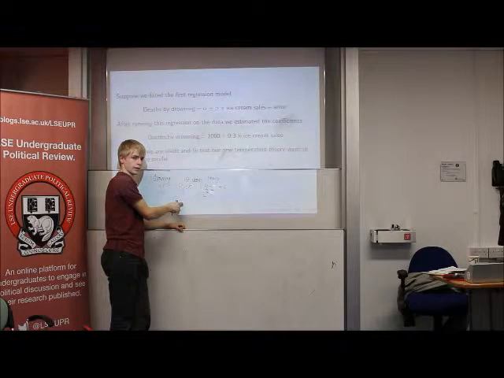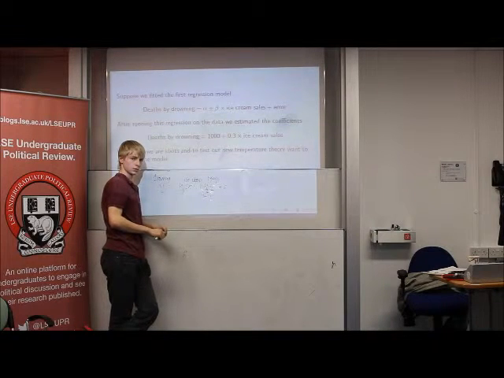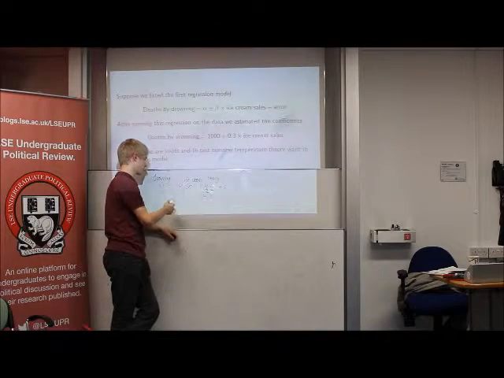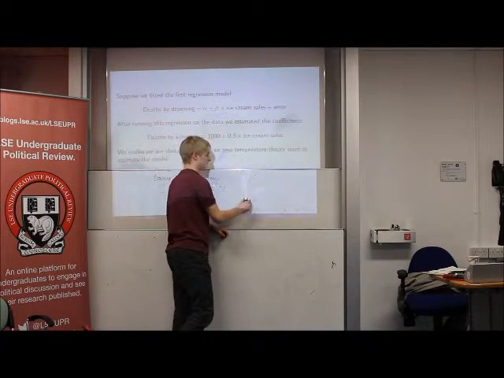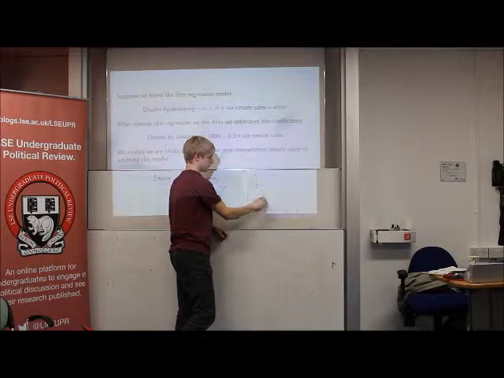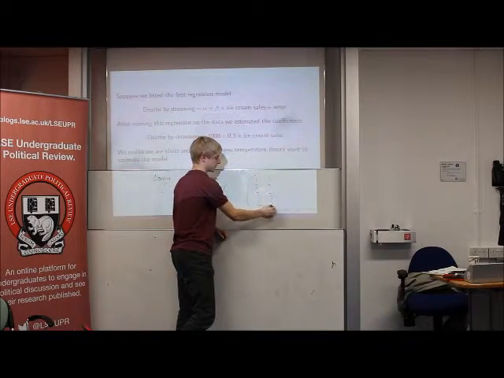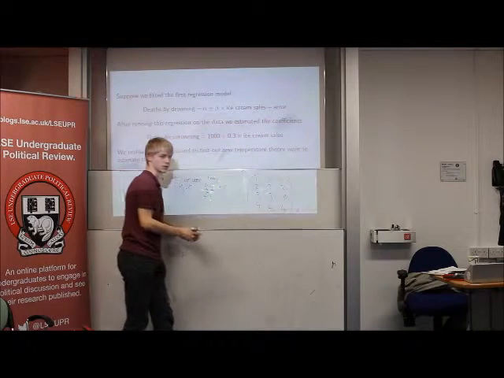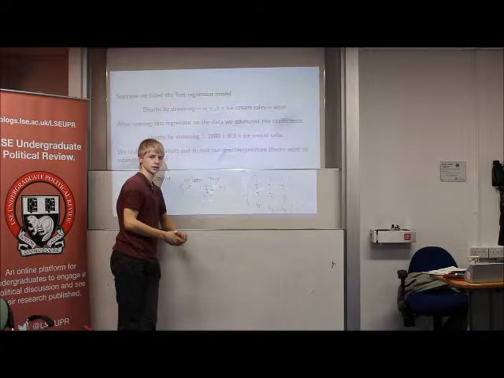But what if they're all perfectly correlated? With each degree that it gets warmer, there's one more ice cream consumed and there's one more person drowning. If you're saying the data just looks like this, this is death by drowning, this is ice cream sales, and this is temperature, then how does it mechanically know?